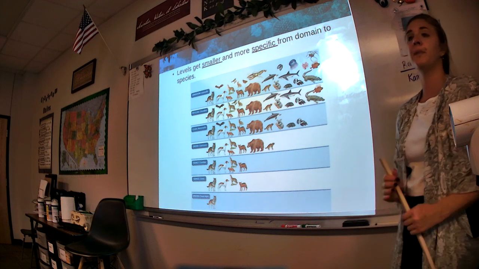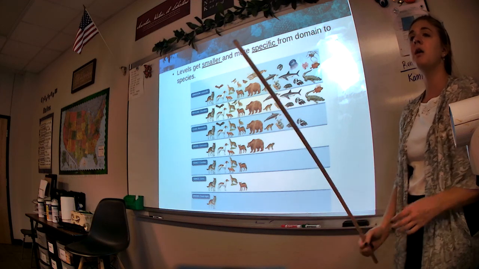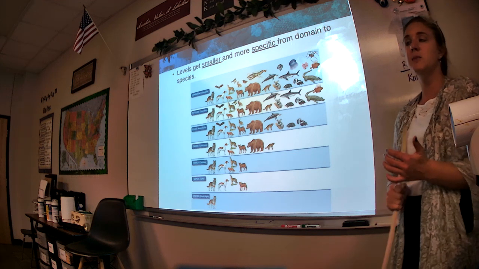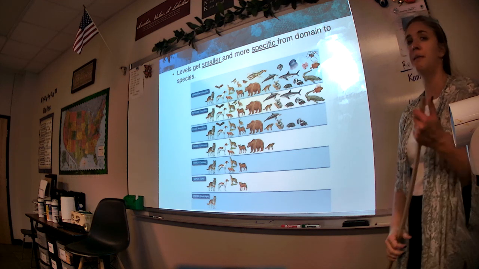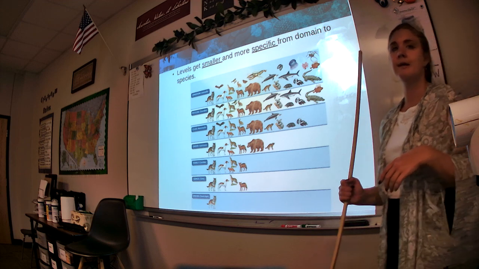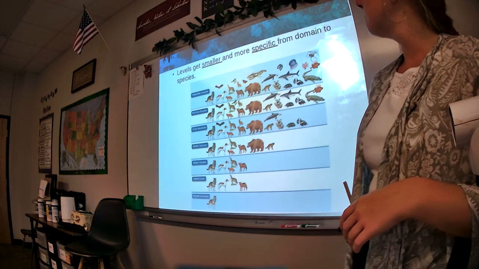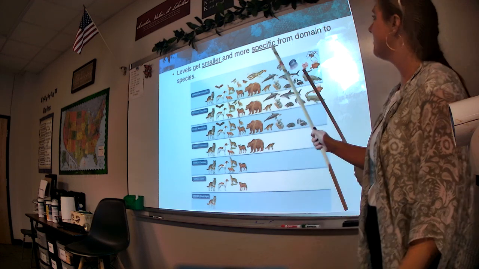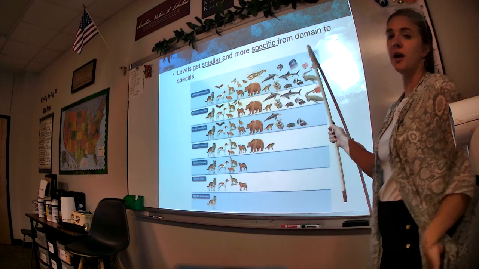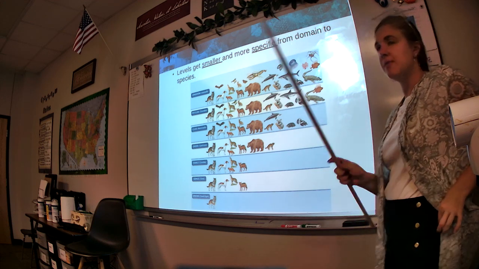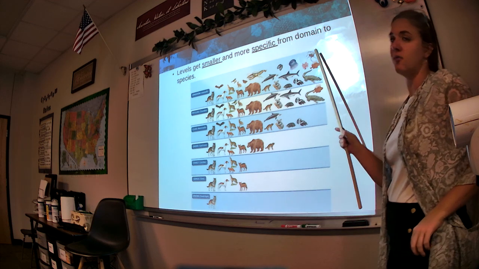Gavin. Levels get smaller and more specific from domain to species. Hold on. Now, let me explain this picture. It says from kingdom to species. Oh, yeah, you need to change that from kingdom to domain. Sorry. Your notes say from kingdom to species, but just recently scientists added the domain level.